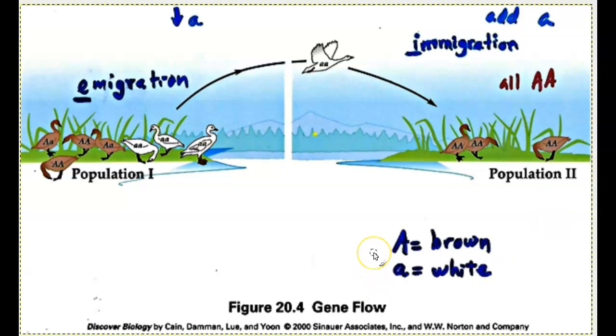Let's say capital A is brown, lowercase a is white. So there's two ways to get brown. It could be homozygous dominant or heterozygous. One way to get white, homozygous recessive.